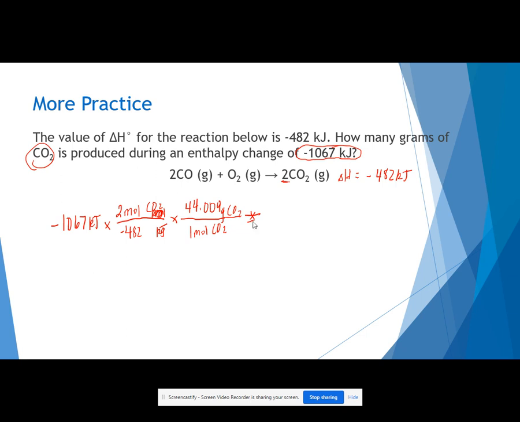Negative 1067 times 2 divided by negative 482 times 44.009 gets me that in order to get a heat release of negative 1067, I need to have 194.84 grams of CO2.